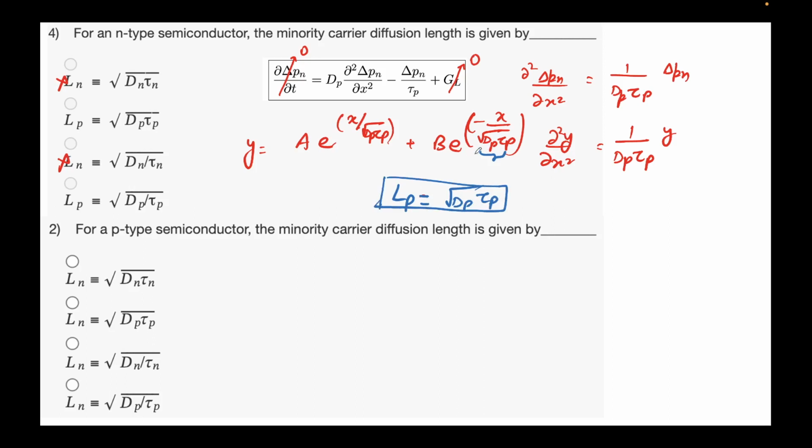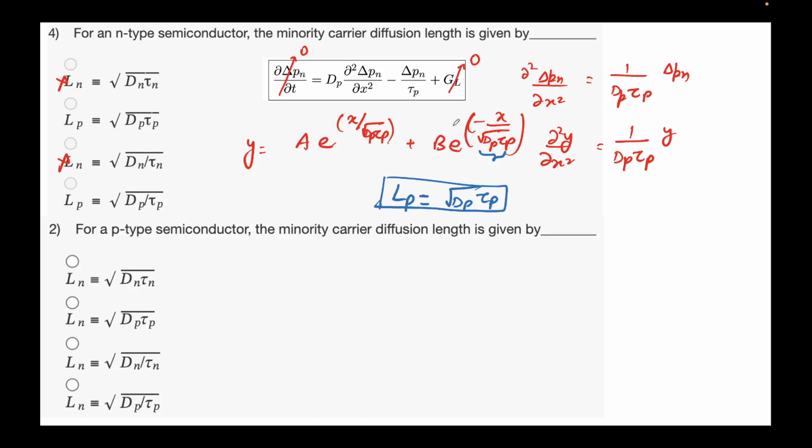We'll see this in the next problem. We'll see whether both the terms survive. For instance, at very large negative values, this term will blow up to infinity, then that must be 0. So depending on how you take your coordinates, usually only one of them survives, and it's this term, it decays. We'll see how it decays, usually in the problems that we encounter in real systems.